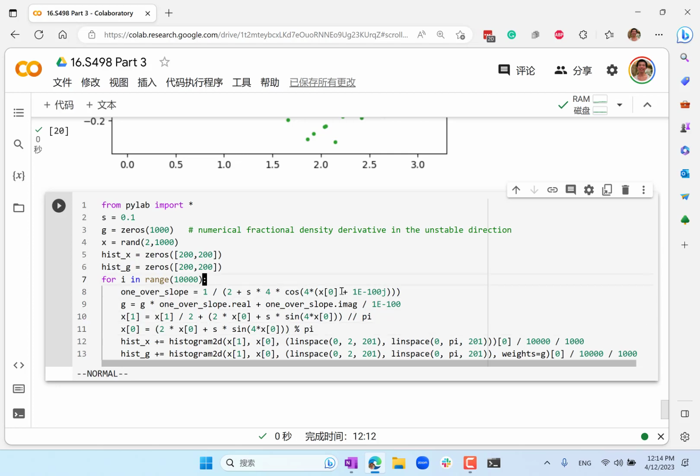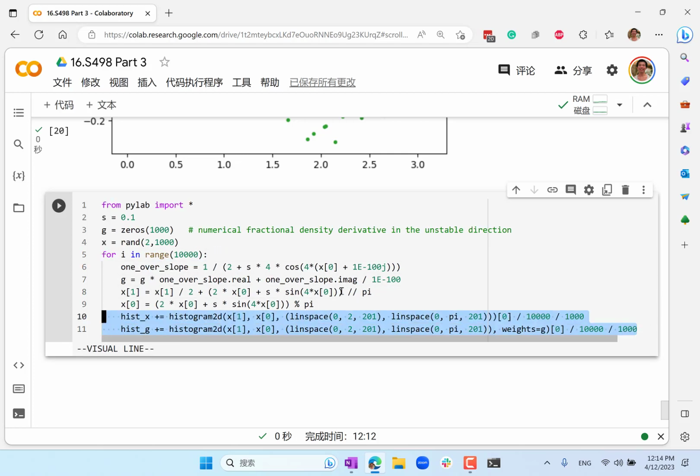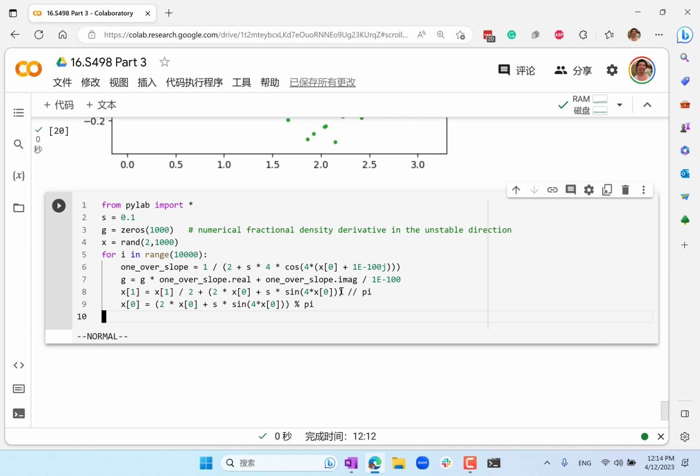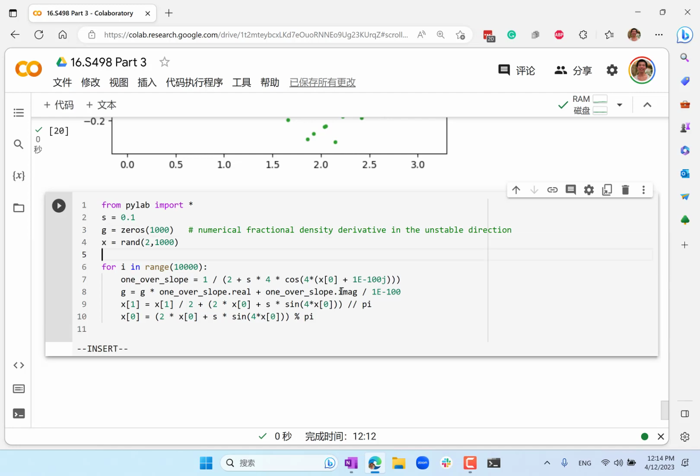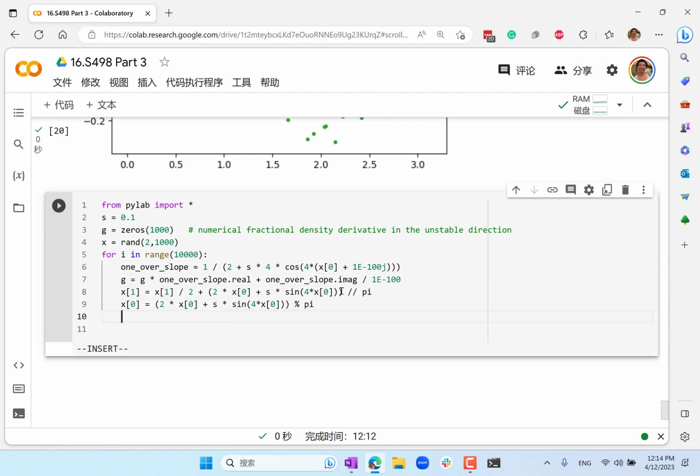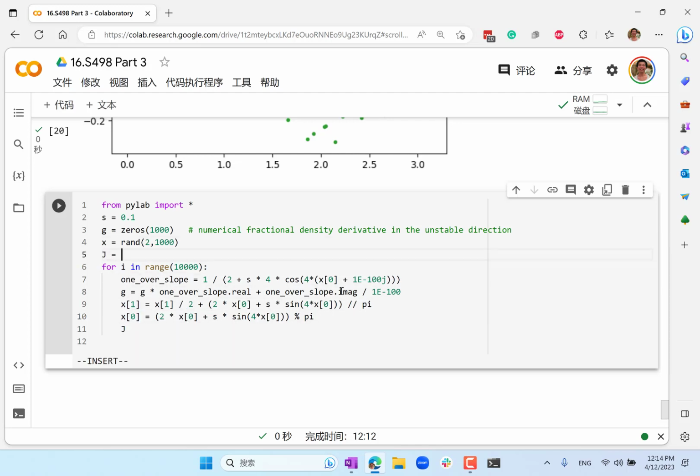And here, we no longer need the histogram of X or the histogram of G, right? What we need is the objective function. Let's say the objective function is an array, and J dot append.